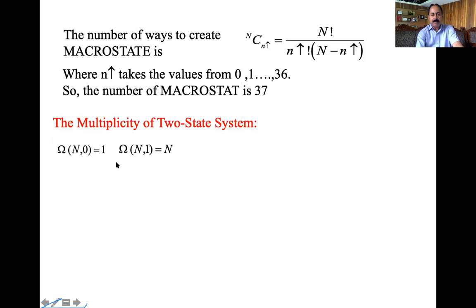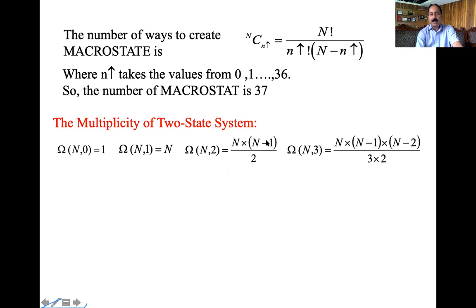So for this macrostate N1, the multiplicity is N. Similarly for N2, simply use nCr: N times N minus 1 divided by 2. So this number of microstates will exist in this macrostate. So the multiplicity of omega N2 is N times N minus 1 divided by 2.